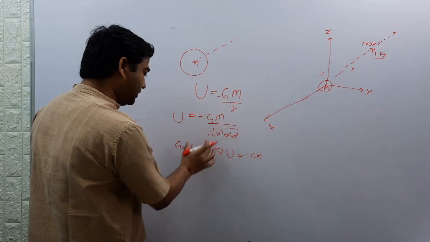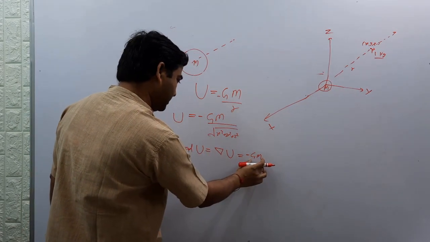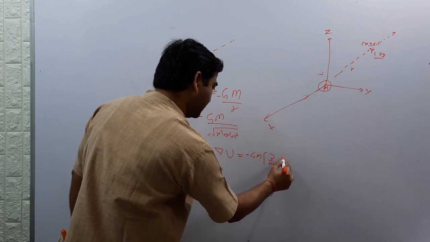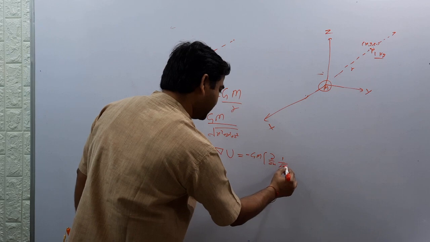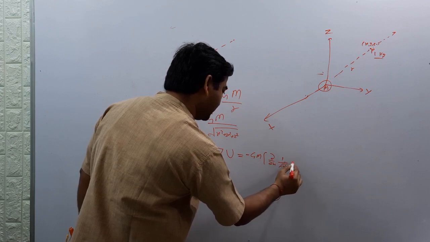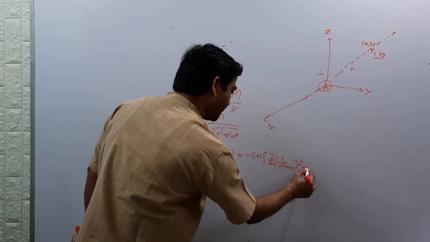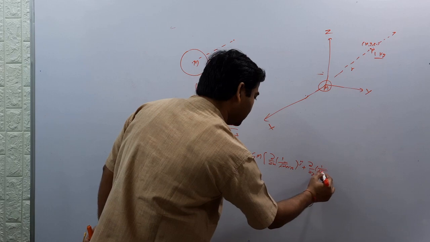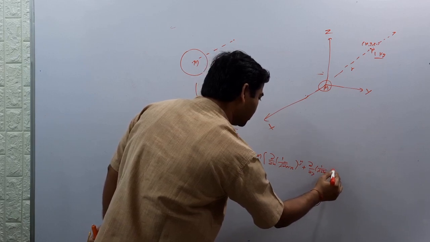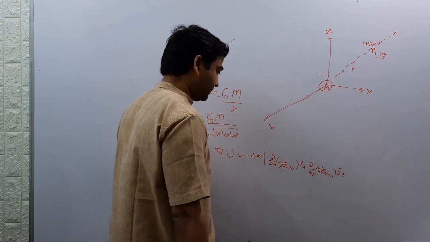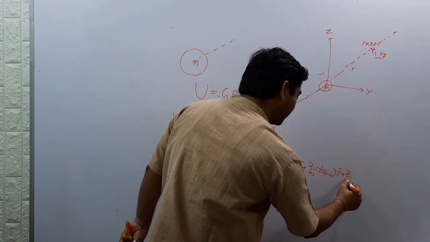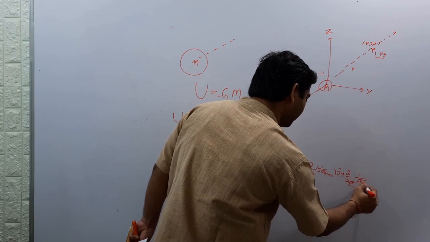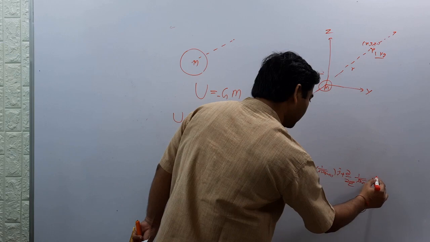So, gradient of this potential energy is minus Gm, del x of 1 by under root x square plus y square plus z square into i plus del y of 1 by under root x square plus y square plus z square into j plus del z of 1 by under root x square plus y square plus z square k.